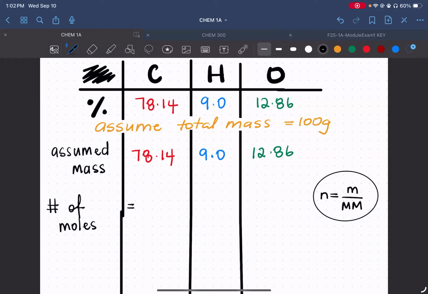In the case of carbon, the mass is 78.14, and from our periodic table the molar mass of carbon is 12. The mass of hydrogen is 9, and the molar mass of hydrogen is 1. The mass of the oxygen is 12.86, and the molar mass is 16.